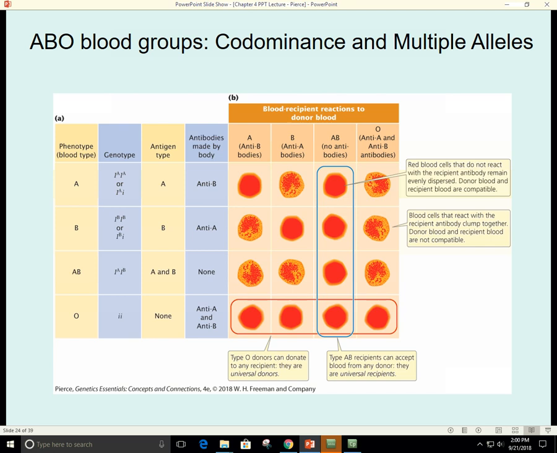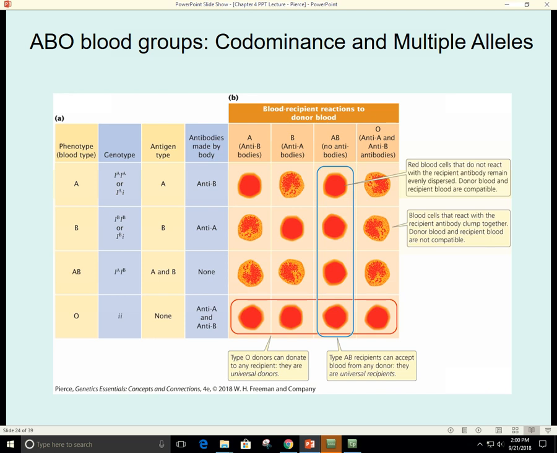Probably the most well-known example of that is the ABO blood groups. There's lots of other blood groups, but ABO is pretty well known, so it makes a good teaching example. But these types of antigens are the only examples I've ever seen used related to the term codominance. And so that's one thing to keep in mind.